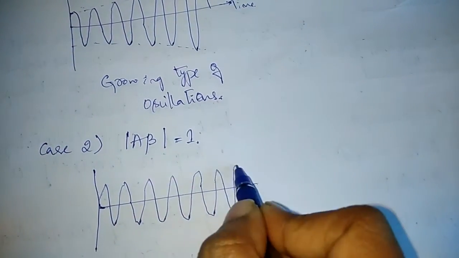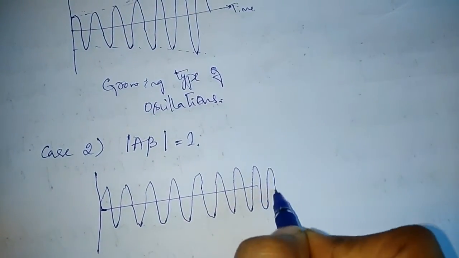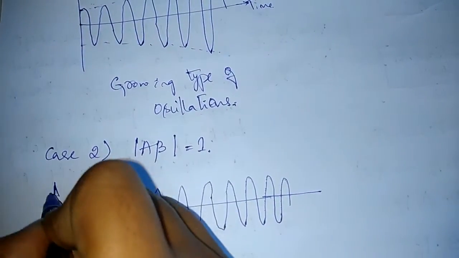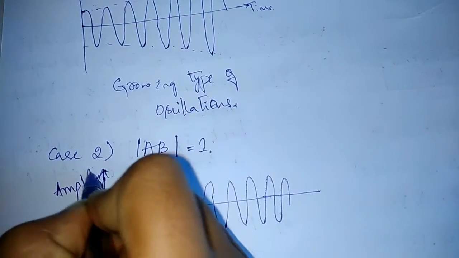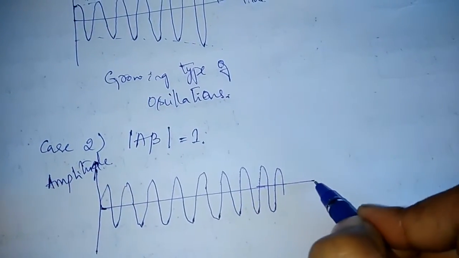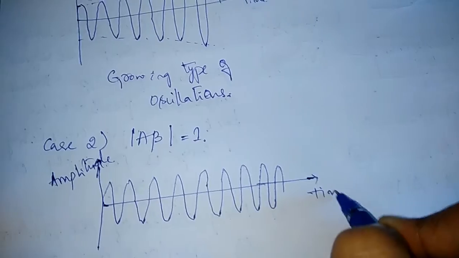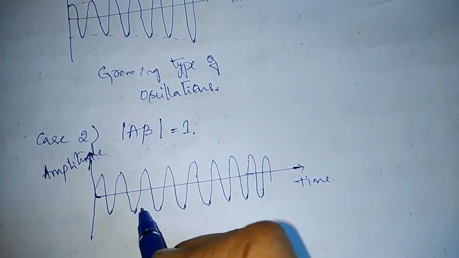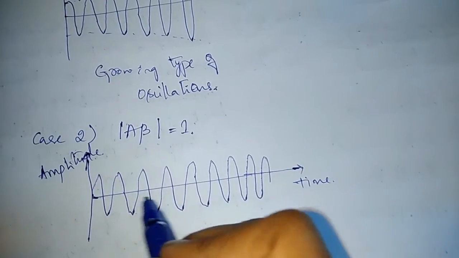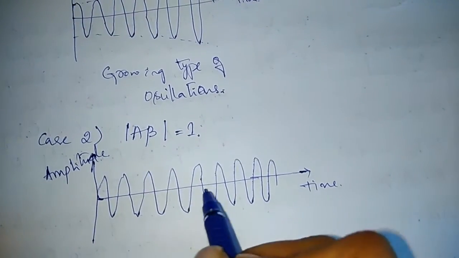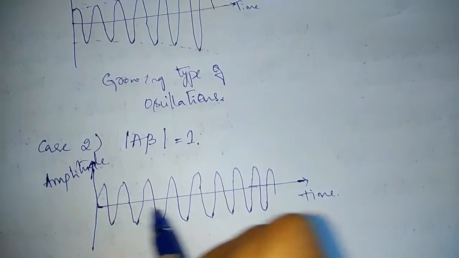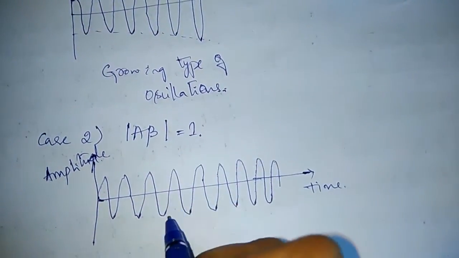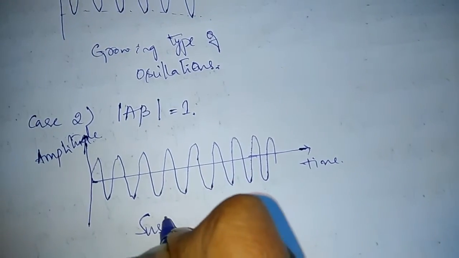These are the required waveforms actually, which is why we consider A beta equal to 1. Oscillations with constant frequency and amplitude, though I have not written it, you will get constant frequency and amplitude. These are called sustained oscillations.